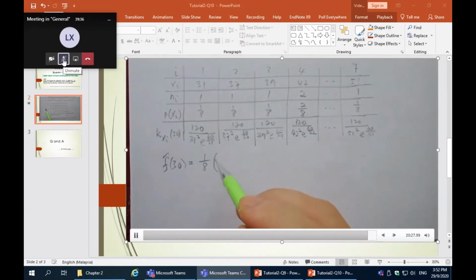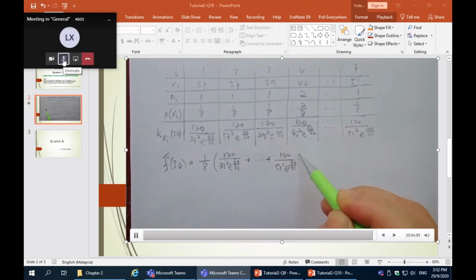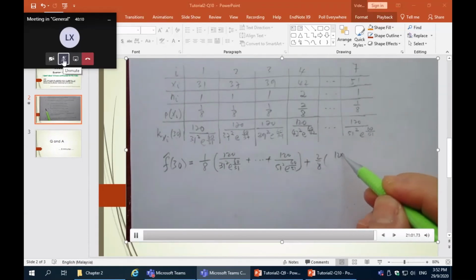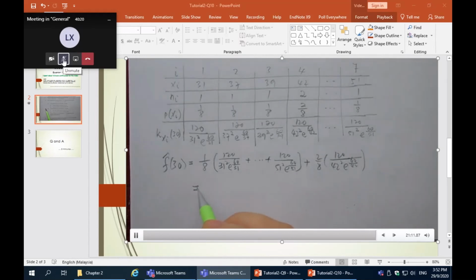There's a 1 over 8 multiplied by all these k values. So 120 divided by 31 square times e to the power of 60 over 31 plus all these until here, 120 divided by 51 square times the exponential to the power of 60 over 51, and plus this probability 2 over 8 multiplied by this k value, 120 divided by 42 square multiplied by the exponential to the power of 60 divided by 42. So this result is 0.0162.